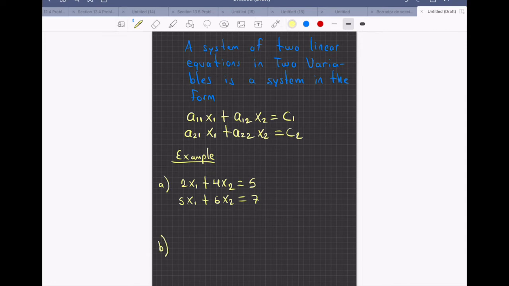Part B, x1 minus x2 equal to 2, and x1 plus x2 equal to 3. And we could label these equation 1, equation 2, equation 1, equation 2.